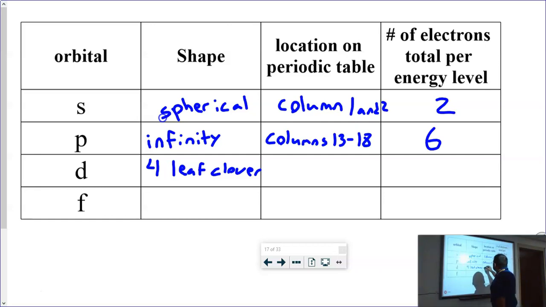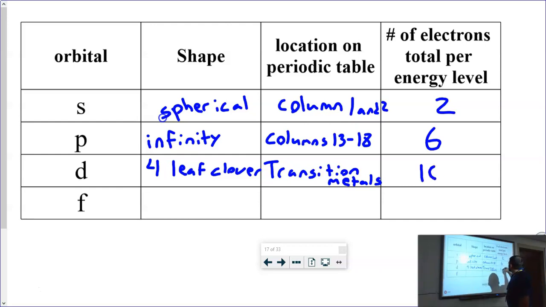And these are the transition metals. So we have 10 columns in the middle of the periodic table that we call the transition metals. That's actually all d orbital electrons, all right? And a set of d orbitals has 5 orbitals. So 5 orbitals, each holds 2 electrons, total of 10.